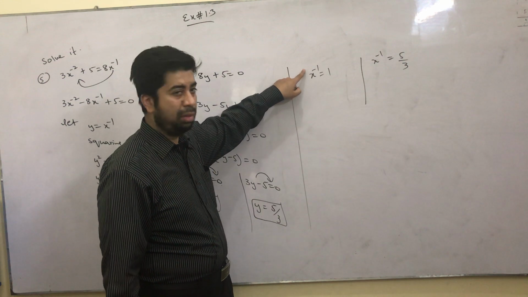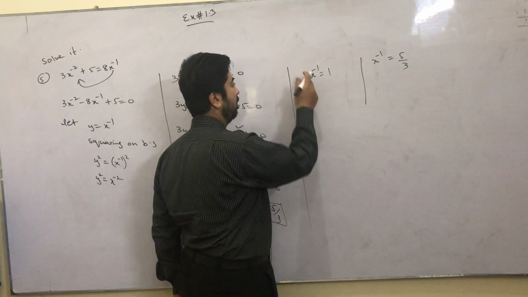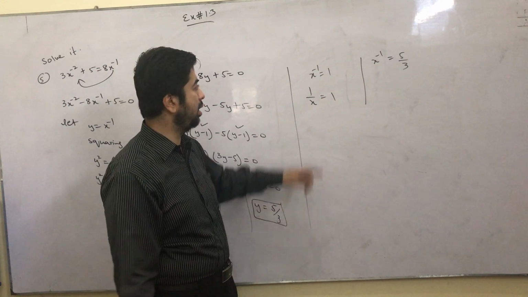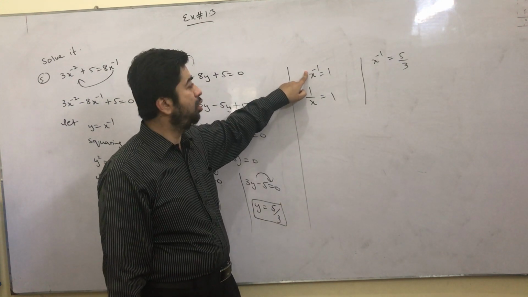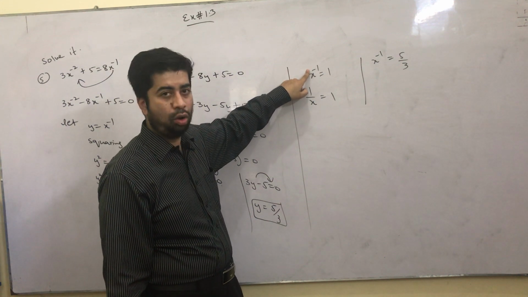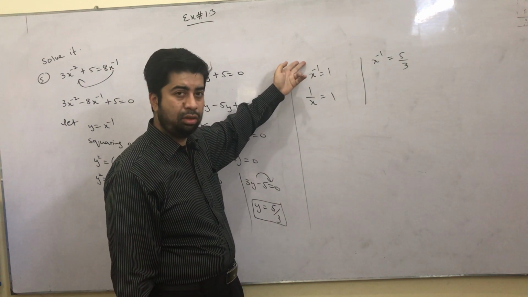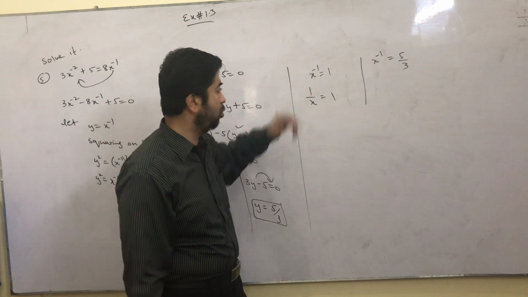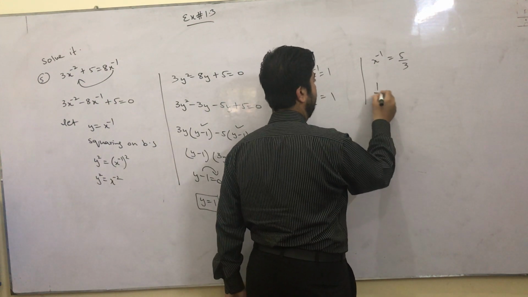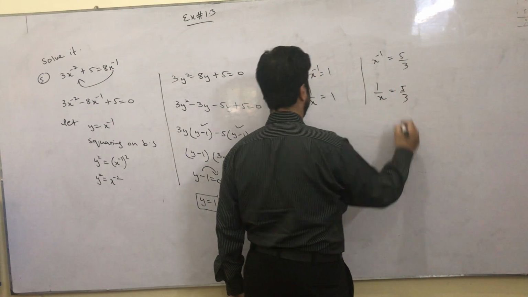x raised to power minus 1 means 1 over x is equal to 1. You know from class 9 that if we want to change the sign of the power, we can just put it in the denominator or convert it towards the numerator. So this must be 1 over x is equal to 5 by 3.